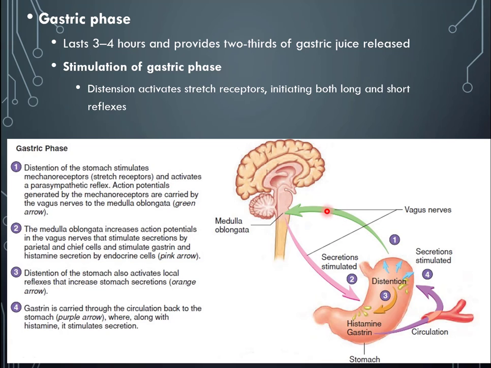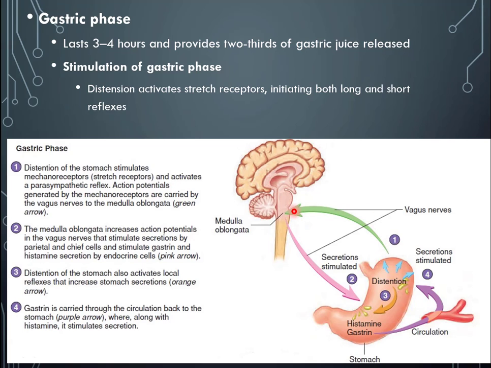As it activates the parasympathetic reflex, action potentials generated by mechanoreceptors are carried by the vagus nerve into the medulla oblongata. And that's exactly how it goes.